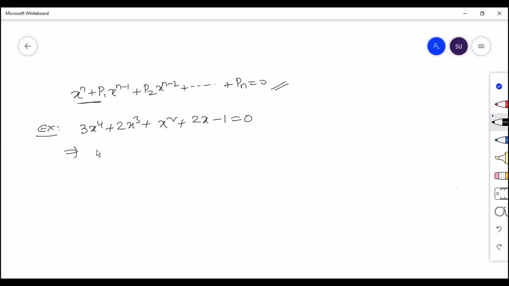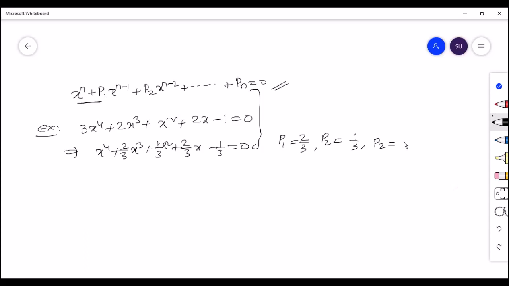If you divide by 3, what will you get? x power 4 plus 2 by 3 x cube plus 1 by 3 x square plus 2 by 3 x minus 1 by 3. Now you can compare these two equations: p1 is equal to 2 by 3, p2 is equal to 1 by 3, p3 is equal to 2 by 3, and p4 is equal to minus 1 by 3.